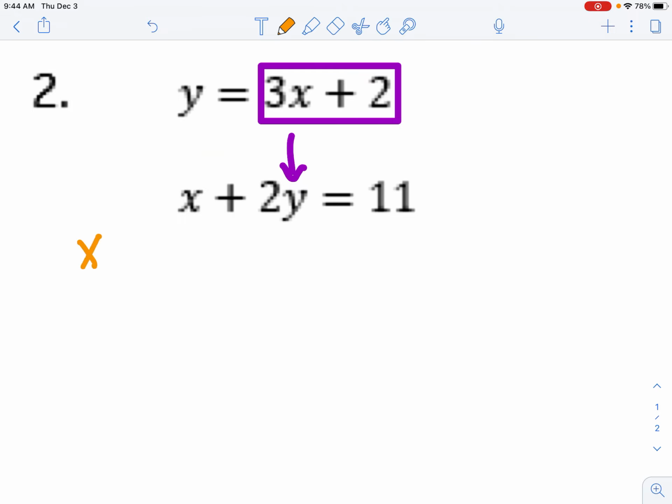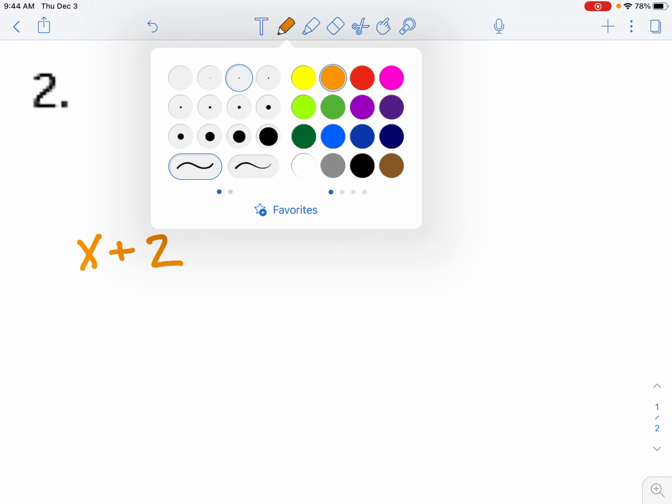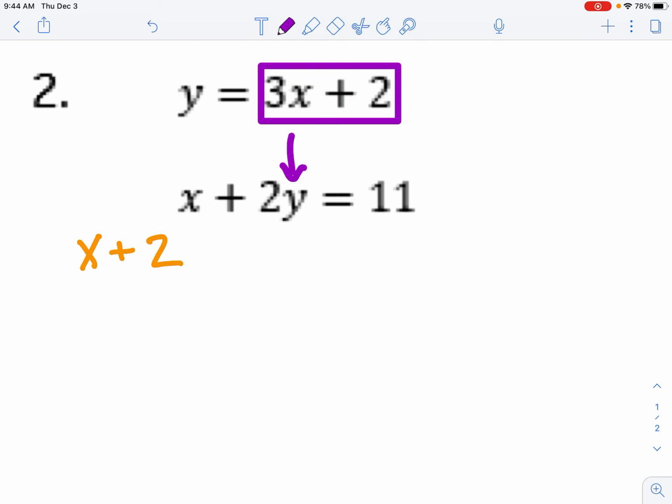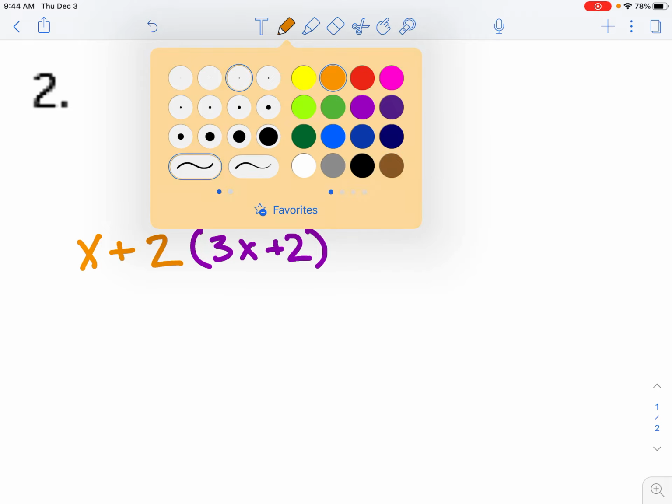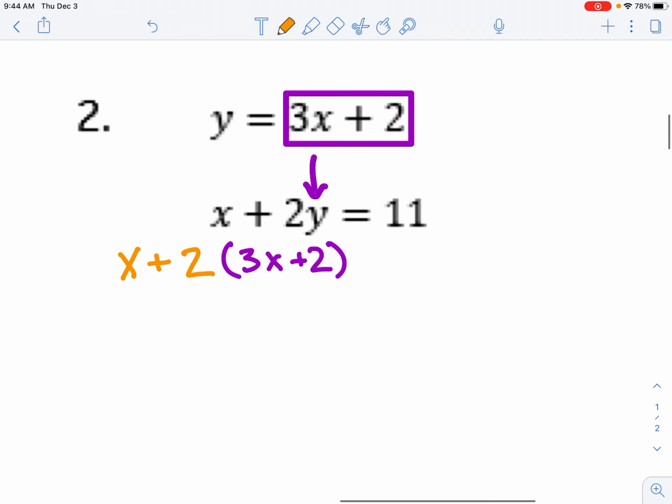So x plus 2. Now instead of a y, I've got all of that stuff up in that box. That's a lot of stuff in that box. That's all going to be multiplied by this 2 right here. So let's put it in parentheses. And that'll be equal to 11.